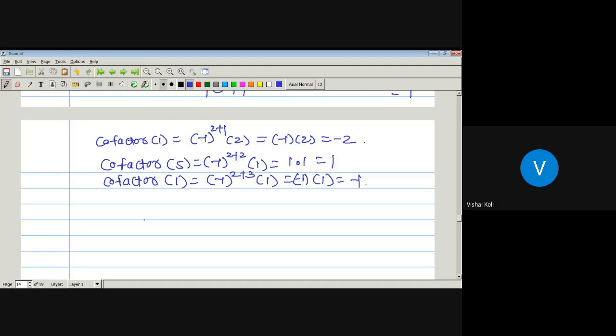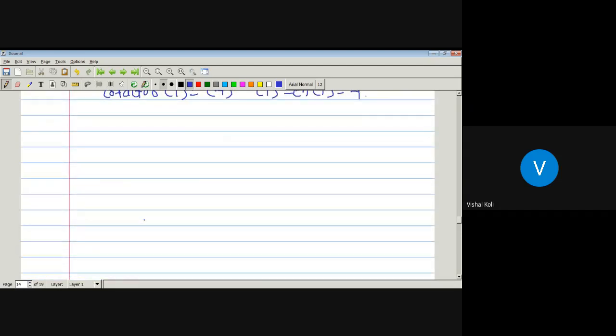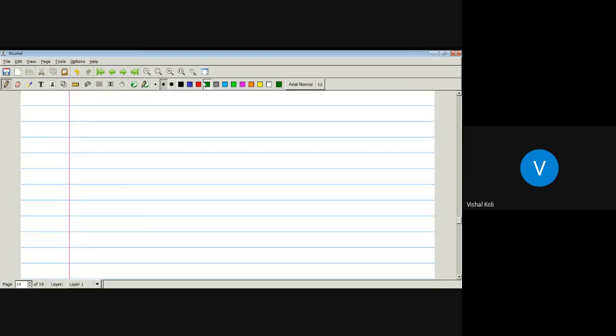Now the second example is: find the value of the determinants. Let us take a determinant having entries 1, 2, 3, 2, 3, 4 and 3, 4, 5.